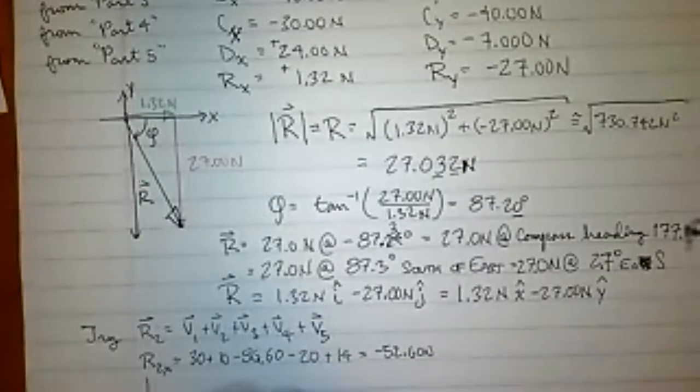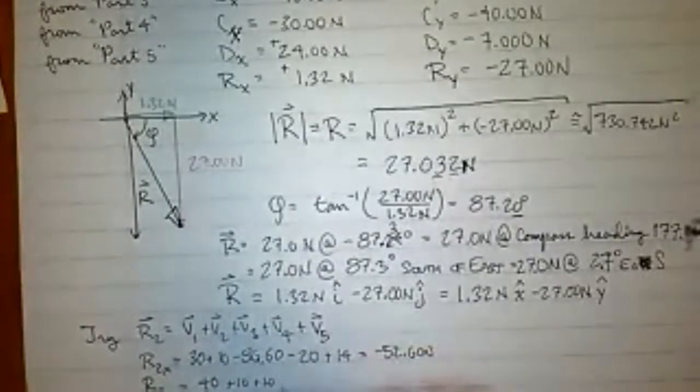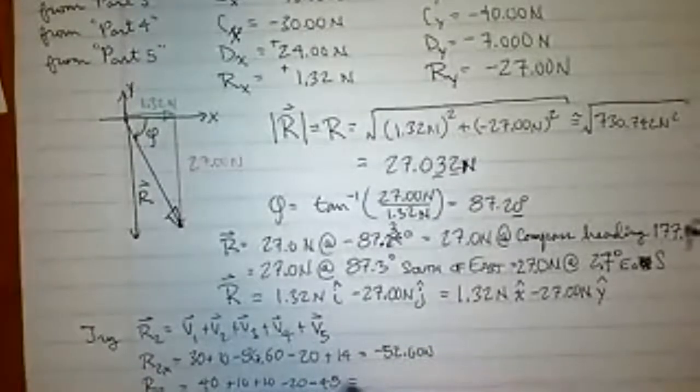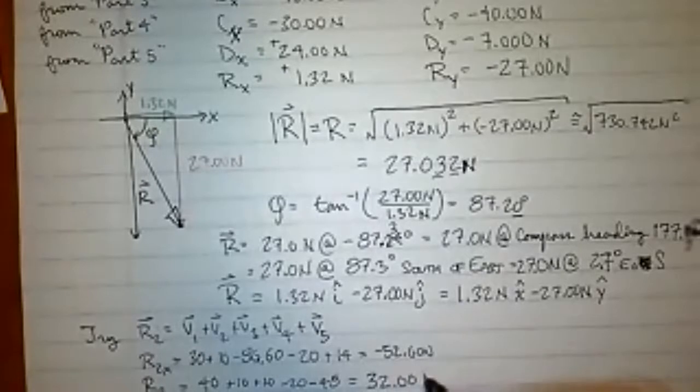And I got R2y equals 40 plus 10 plus 10 minus 20 minus 48, leaving the units off again just to make it easier to write all this. And that gave me a positive 32.00 newtons.